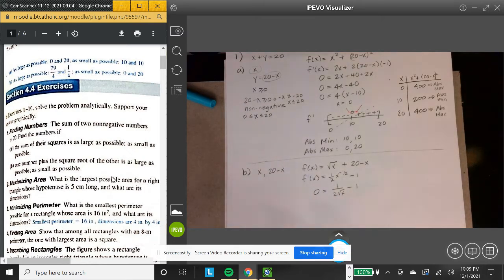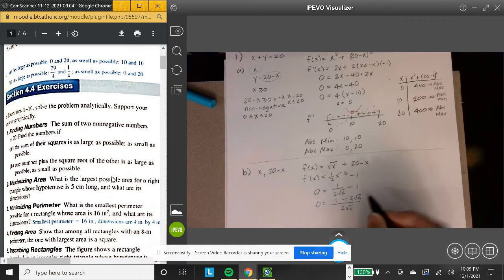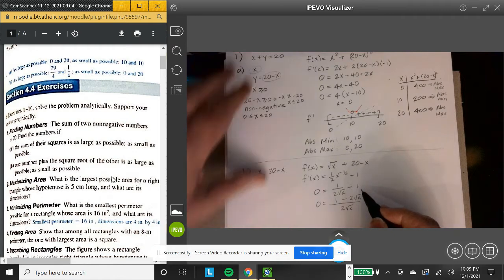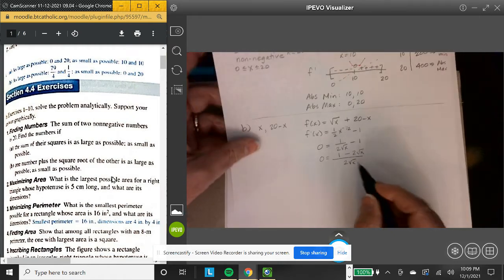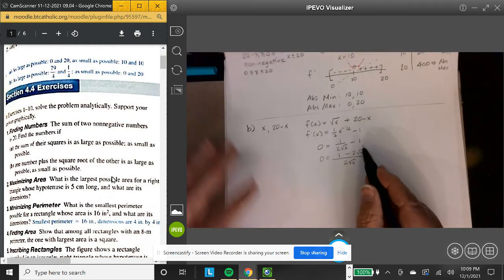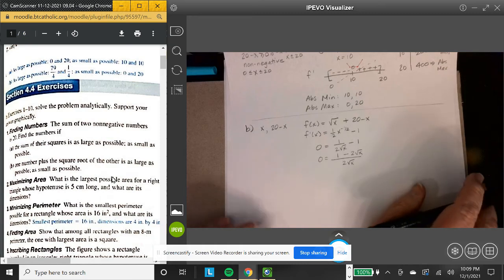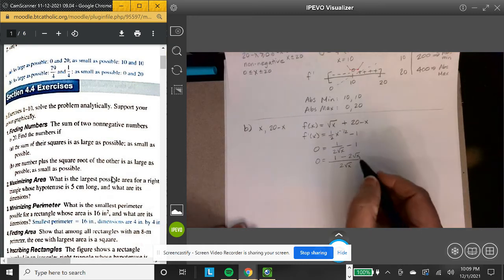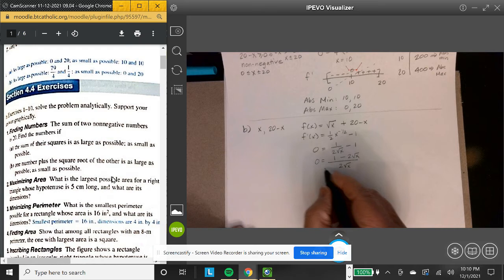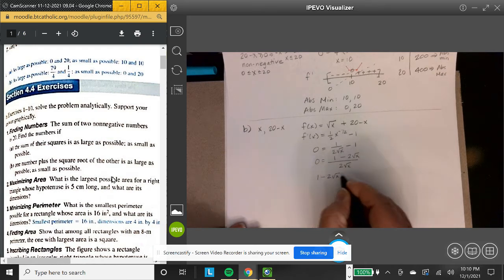And then when you do that, you have to find a common denominator here, which I hope you all recognize is 2 root x. And so this will be 1 minus 2 root x because I multiply this 1 by 2 root x over 2 root x. I'm trying to say that really fast, 3 or 4 times, okay? And so to find the zeros here, I'm going to set the numerator equal to 0. So we get 1 minus 2 root x equals 0.